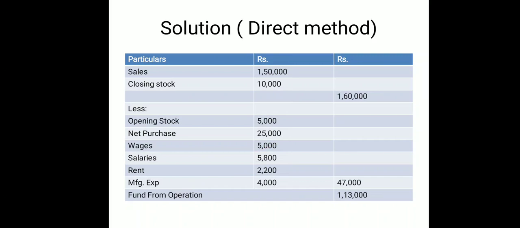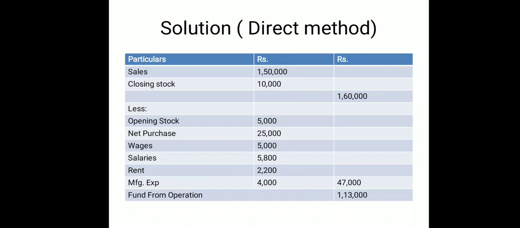1,60,000, and from this we are going to deduct our expenses which have a direct impact on application of fund. That is your opening stock, then net purchase, then wages, then salary, then rent, and finally manufacturing expenses.